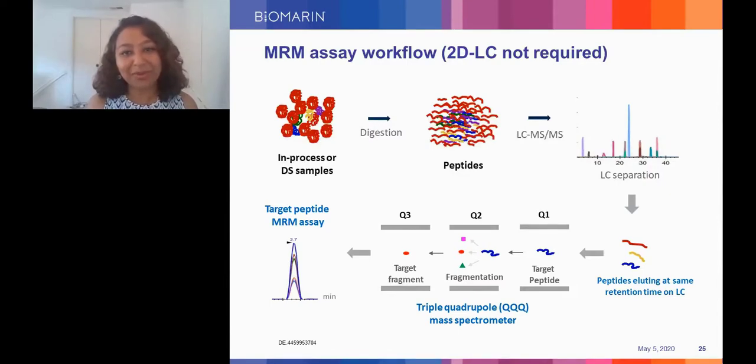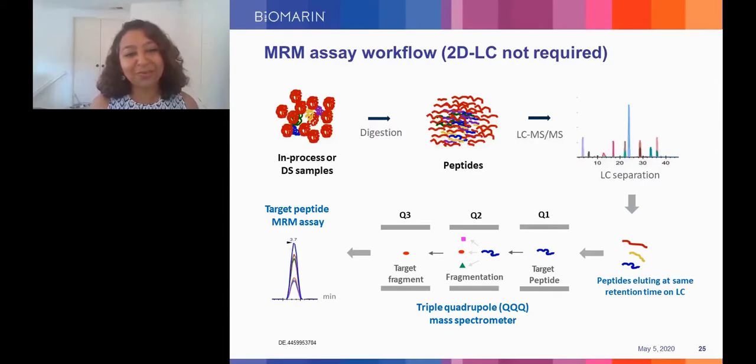Through the triple quad, what you can do is separate the target peptide, do fragmentation in Q2, and then Q3, you can choose the transitions, the fragment ions that lead you to the signals for each transition going from Q1 to Q3, and you can develop a target peptide multiple reaction monitoring assay.